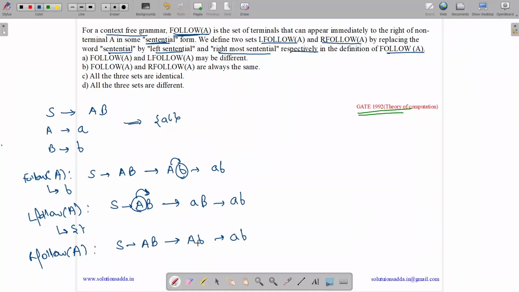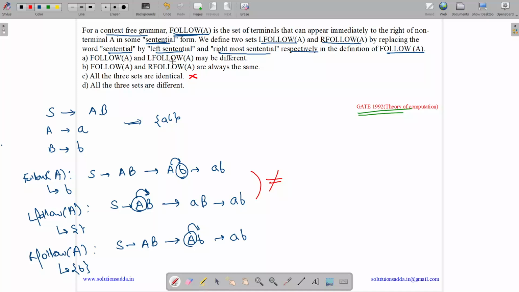Here you can see the terminal b appears to the right of the non-terminal A in the rightmost derivation. Thus R follow of A is b. So here you can see that L follow of A is not equal to follow of A. So all three can't be identical for sure.